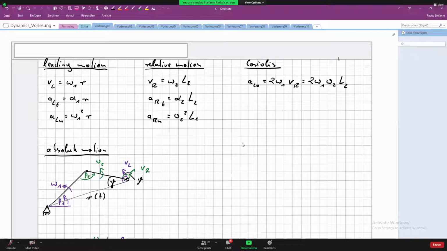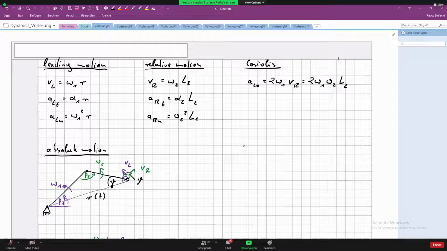So there are not that many options to draw these velocities and accelerations. The tangential component is tangential to the path, and the normal component points towards the center of rotation. Once we have the diagrams, it's just standard procedure, simple math.